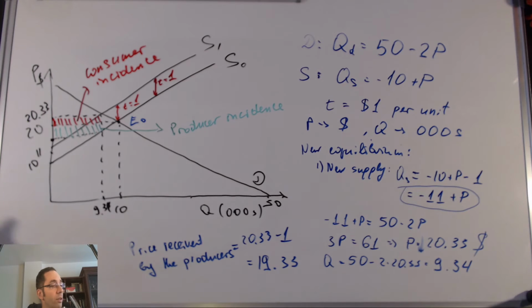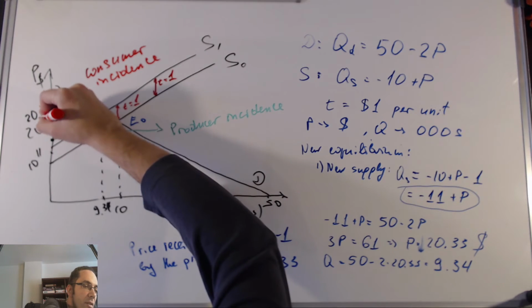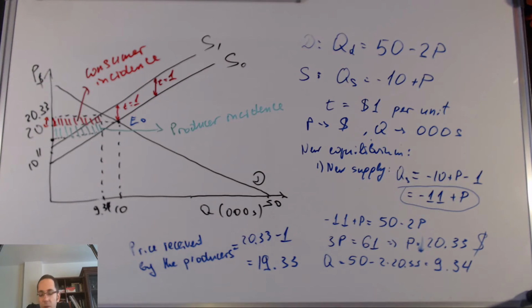Actually, I'll use a calculator just to make sure that my calculations will be accurate. If we want to find the total consumer incidence, that would be equal to 0.33, which is the difference between the old price and the new price that the consumers are paying, times 9.34.